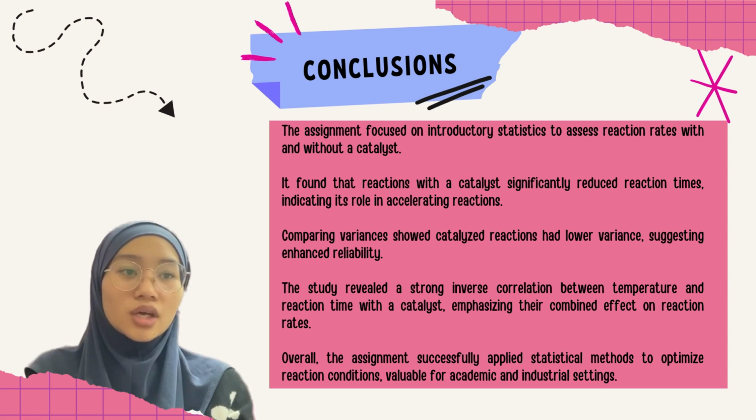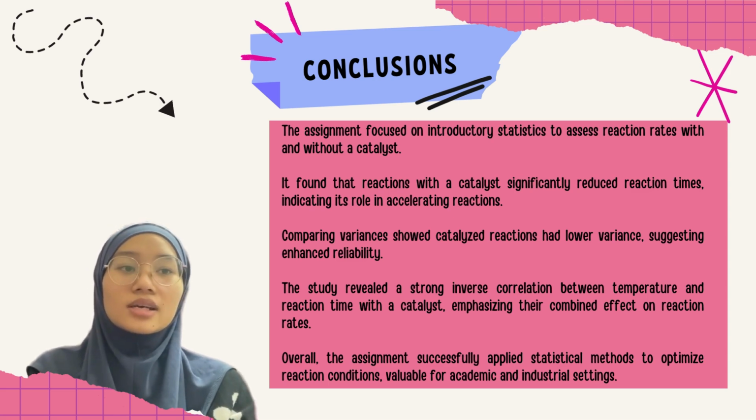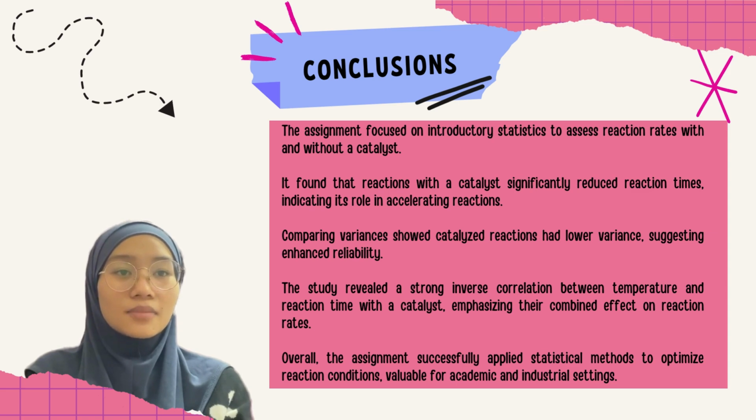This study also examined the correlation between temperature and reaction time for a reaction involving a catalyst, revealing a strong inverse correlation, demonstrating the synergistic effect of temperature and catalyst on reaction rate. Overall, the assignment successfully applied statistical methods to optimize reaction conditions, valuable for academic and industrial settings.